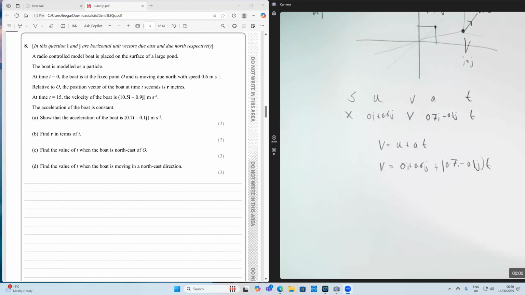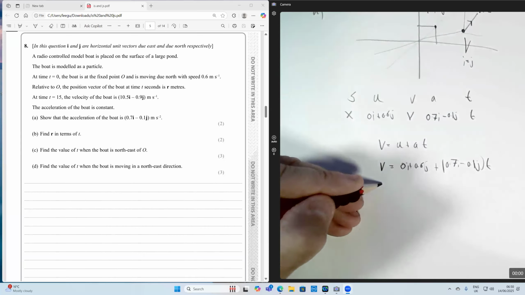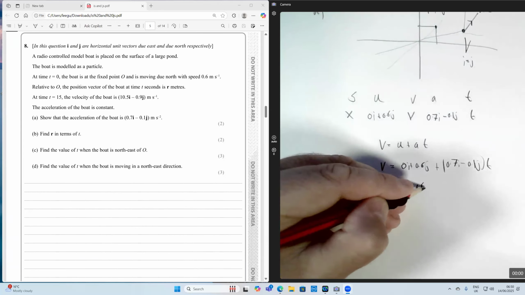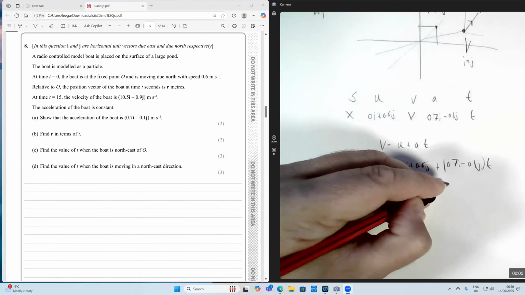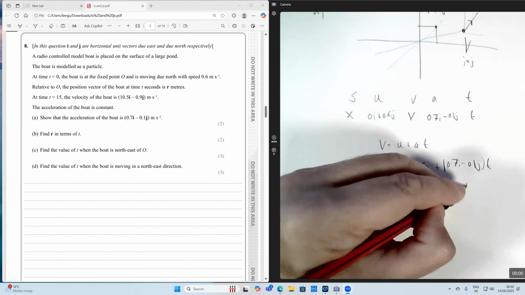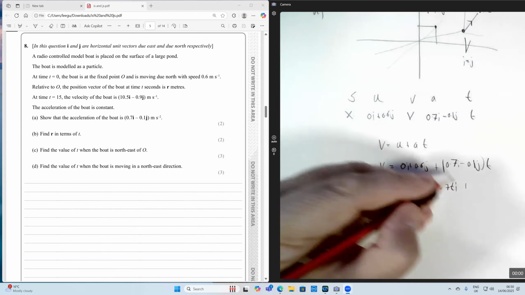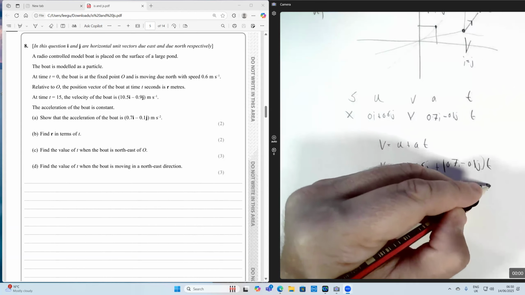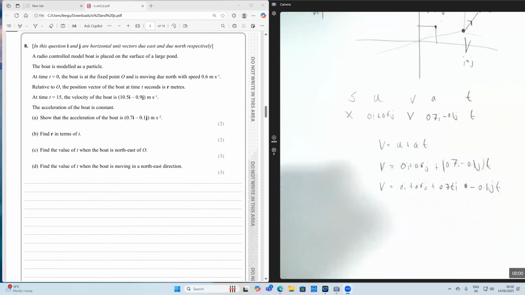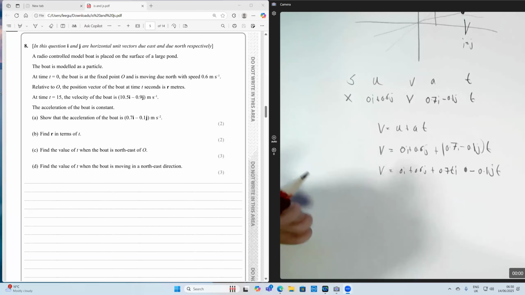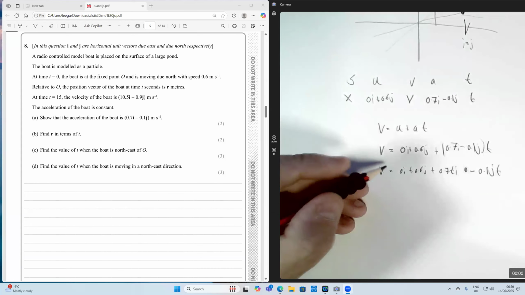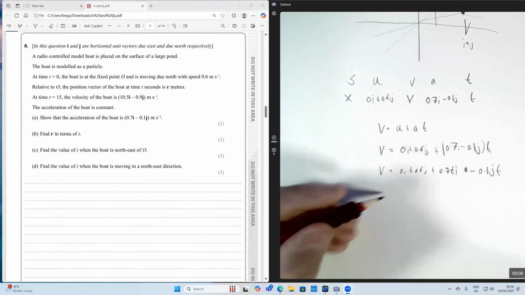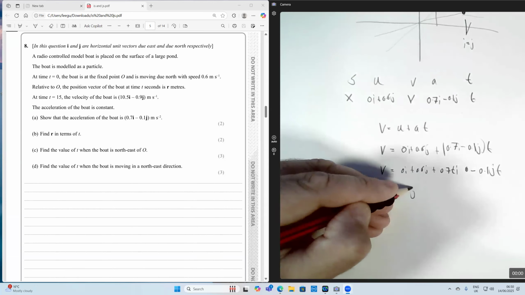So let's equate the i components and the j components. Well, first of all, I'll expand it. So 0i plus 0.6j plus 0.7ti minus 0.1jt. And then let's equate those.